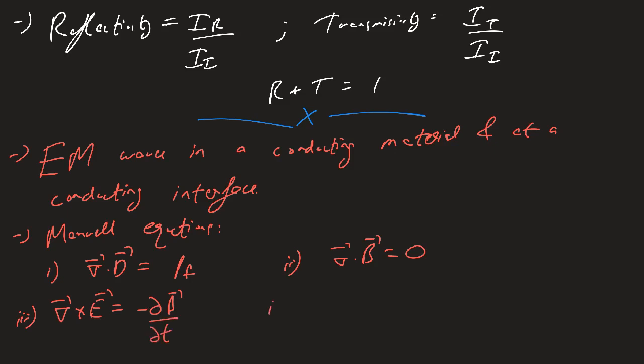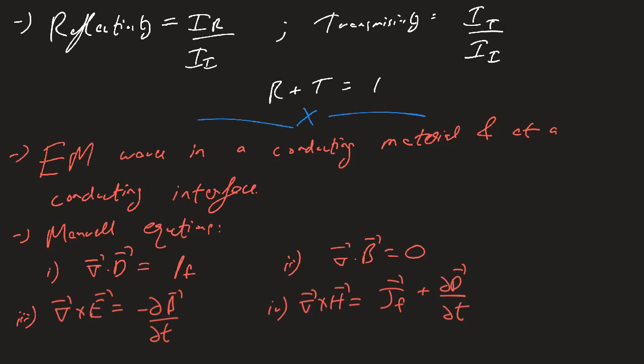And the fourth Maxwell equation basically is that del cross H is equal to the free current. So it's that del cross H is equal to J free plus partial D by partial t.